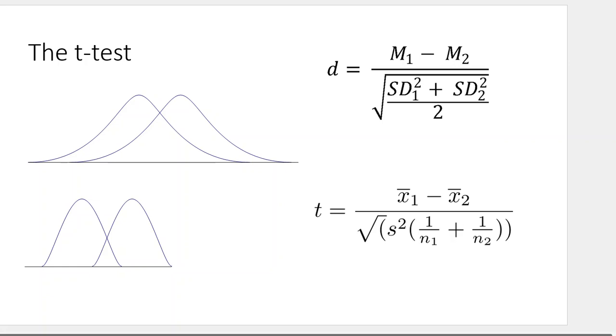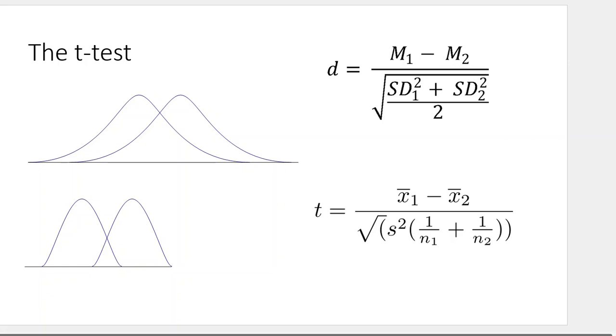All right. Now I think we're ready to talk about our good old-fashioned statistical tests. If you understand effect size, it's much easier to understand the t-test. So the t-test, we're comparing two groups, and you can see the formula for effect size in the top, and notice how the formula for the t-statistic is very similar.